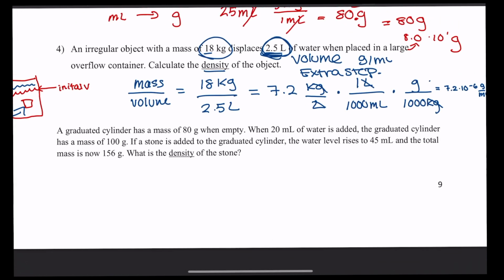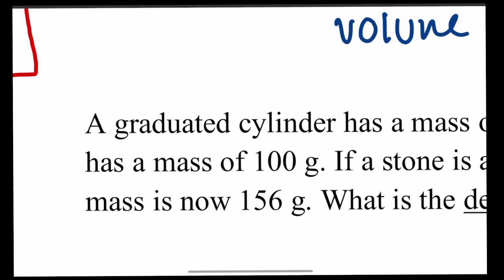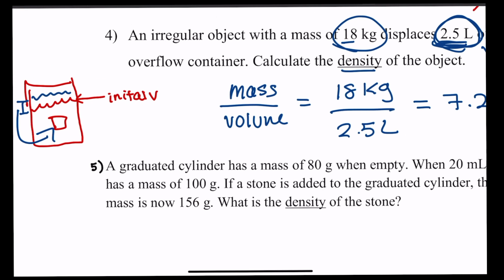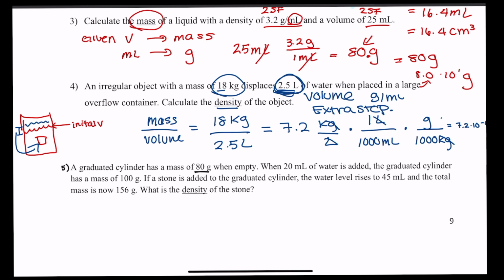Okay, final question is question number 5. I don't know why it didn't get written here. So it said a graduated cylinder has a mass of 80 grams when it's empty. So let's draw that out. So 80 grams. And when 20 grams of water is added, the graduated cylinder has a mass of 100.